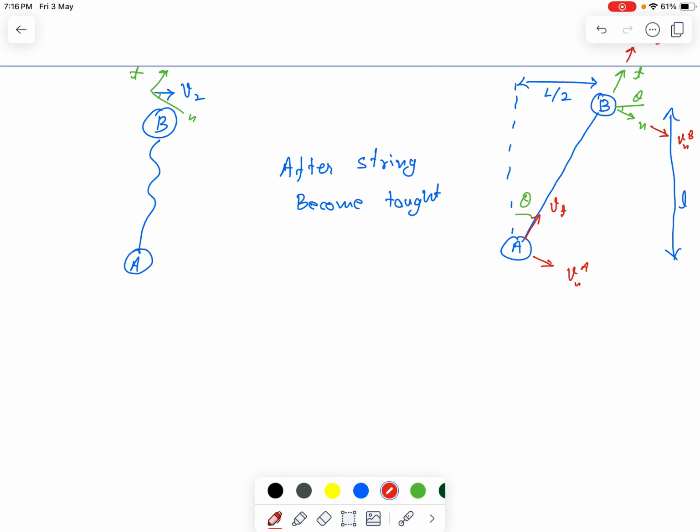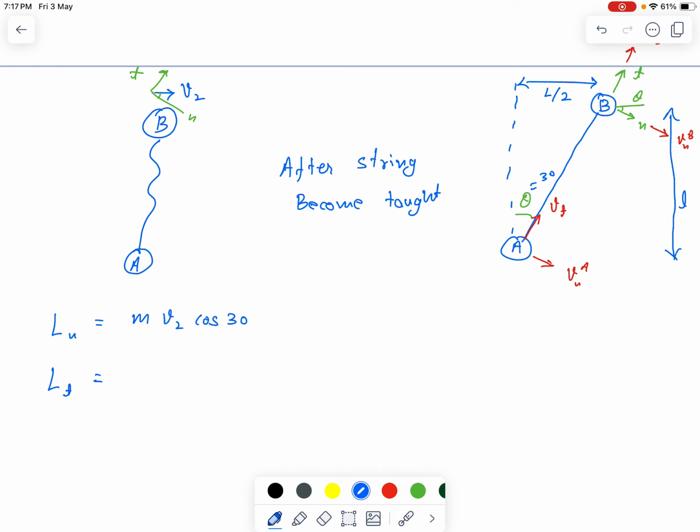In here, linear momentum in the n direction you have to write, and linear momentum in the t direction you have to write. So linear momentum in the n direction will become m v2 cos 30, where theta is equal to 30.